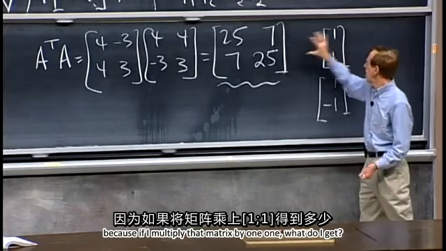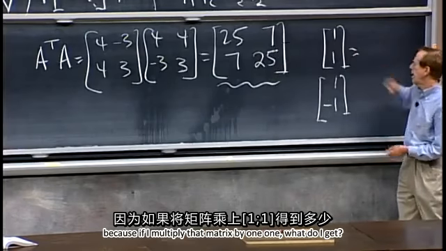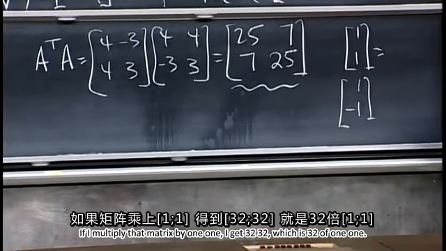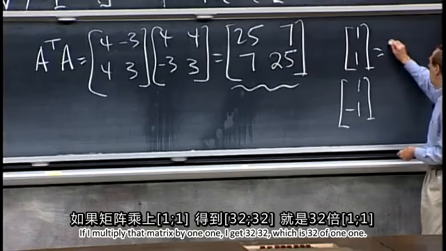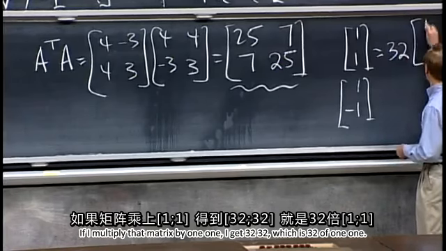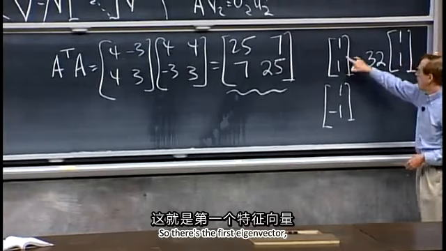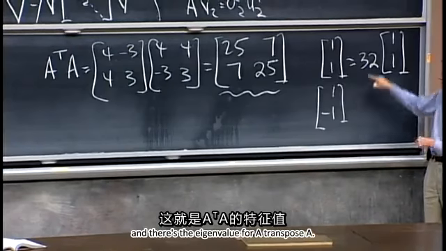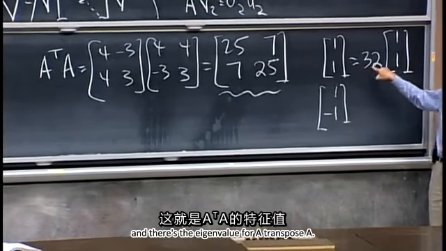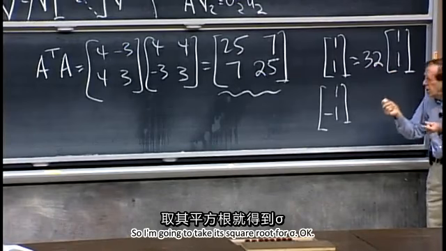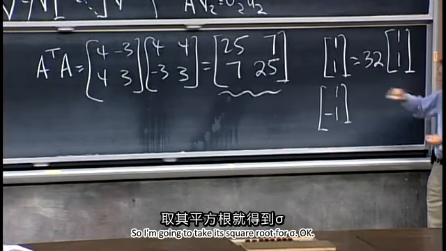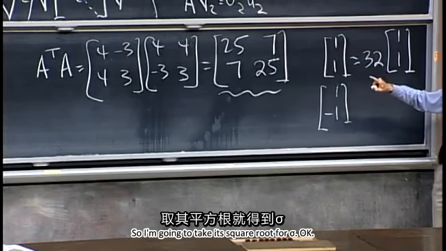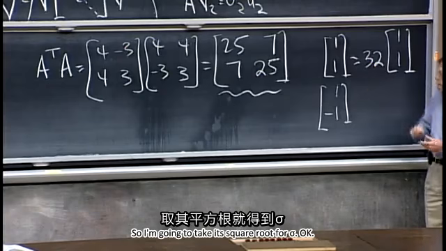Because if I multiply that matrix by 1, 1, what do I get? I get 32, 32, which is 32 of 1, 1. So there's the first eigenvector, and there's the eigenvalue for A transpose A. So I'm going to take its square root for sigma.